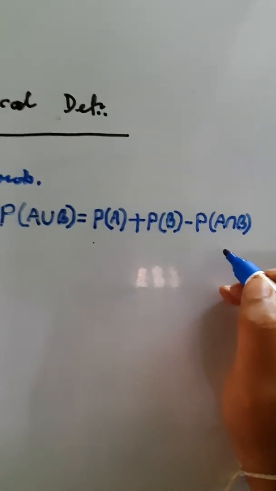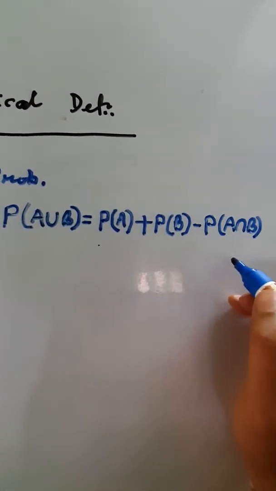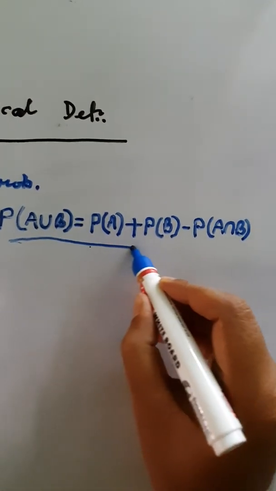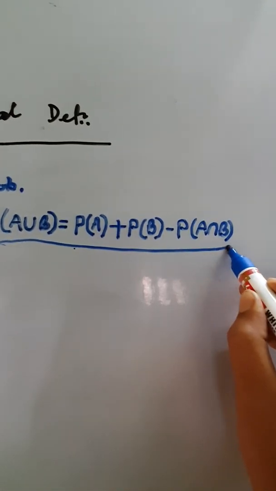In general, A or B, any two events. For that, this rule is called the theorem of total probability.